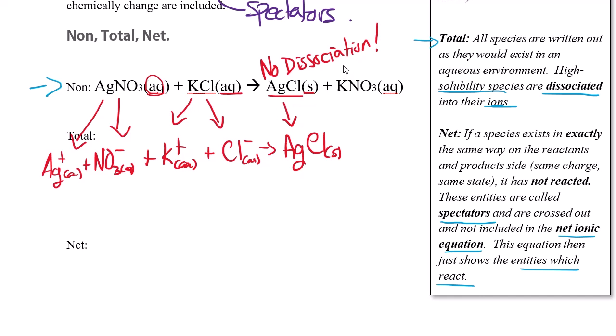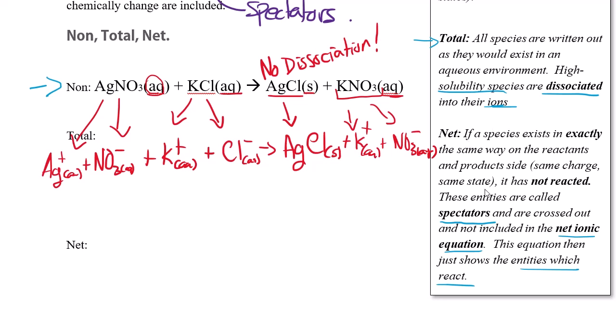If you had a molecular compound, it would also come down here. It wouldn't dissociate. Then here's my second product. This guy is aqueous, so the potassium nitrate does dissociate. Comes apart into potassium ions and nitrate ions, which are both aqueous. Then, now here's my total.